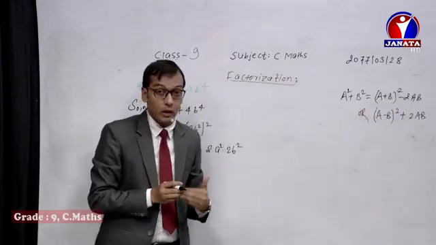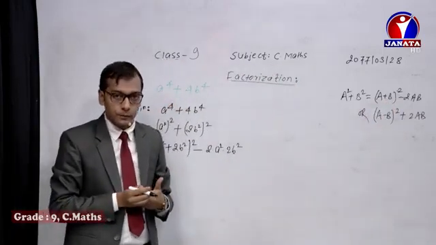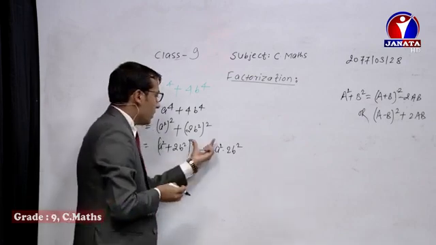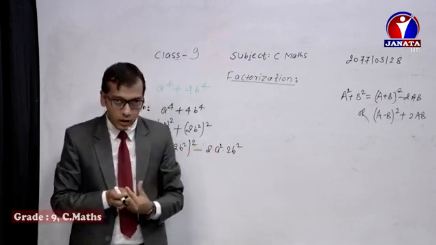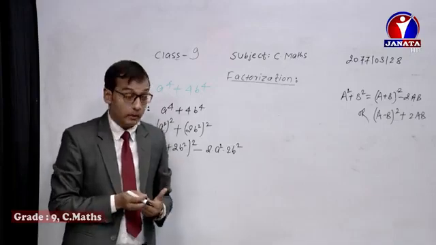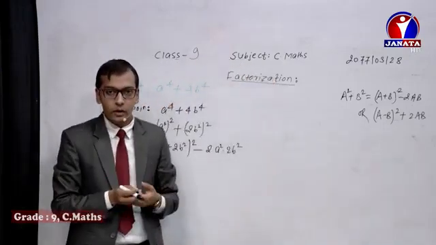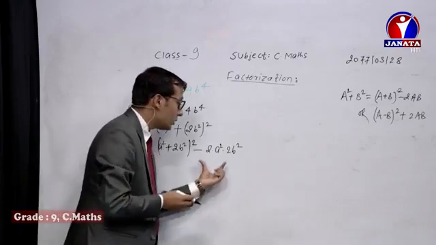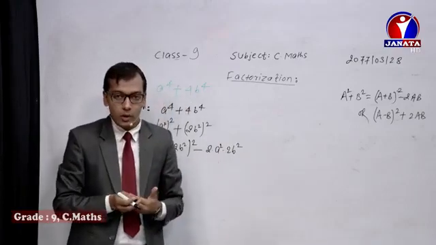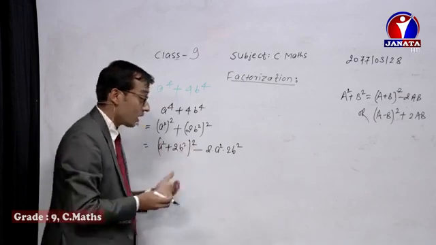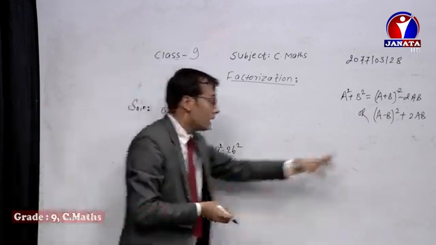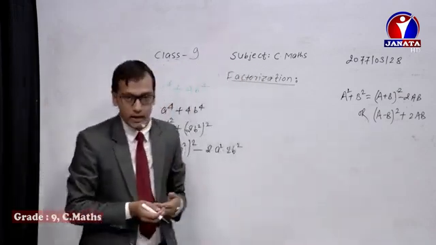I am checking whether we can factorize or not. If we can factorize by converting into a square minus b square form, this is the correct formula I am using here. If we are not able to convert into a square minus b square form in the next step, then we need to use the second formula for its factorization.